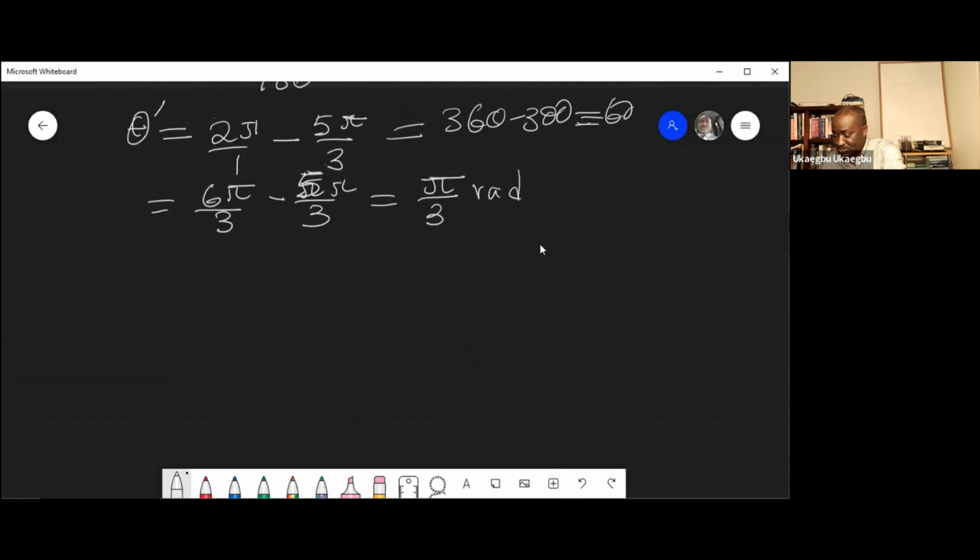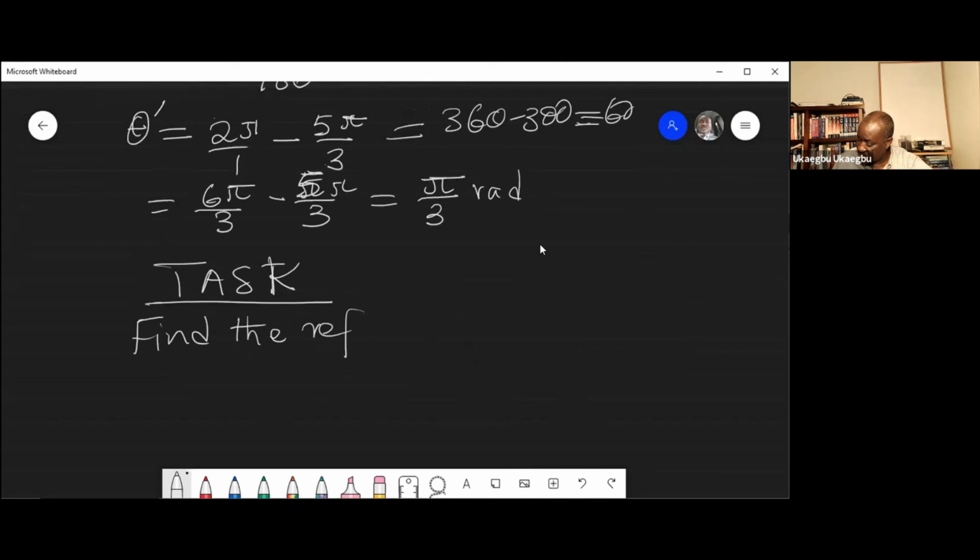All right, so now let's go to our task. Here's how the question goes. Find the reference angle, theta prime.